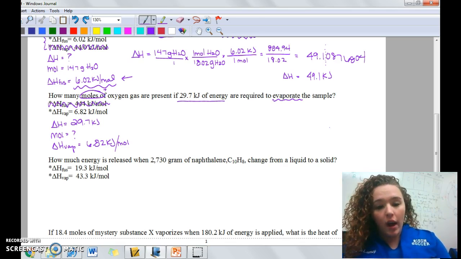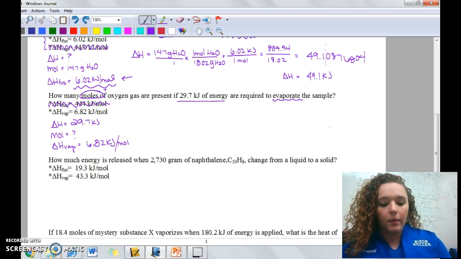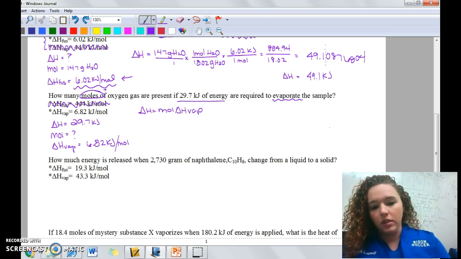So now we're going to go ahead and plug into our equation. We don't necessarily have to do everything stoichiometrically. We can just solve the equation the way that it's written. So here's our equation, delta H equals moles times delta H of vaporization.